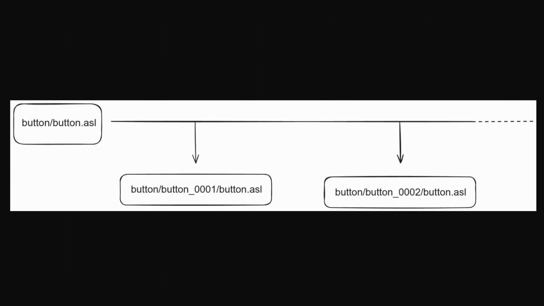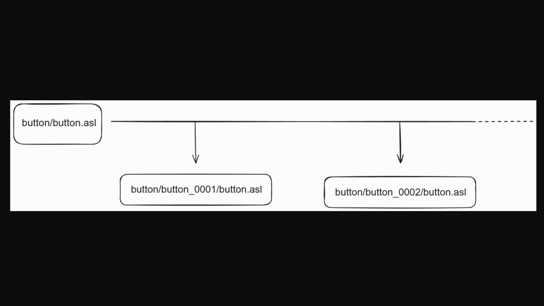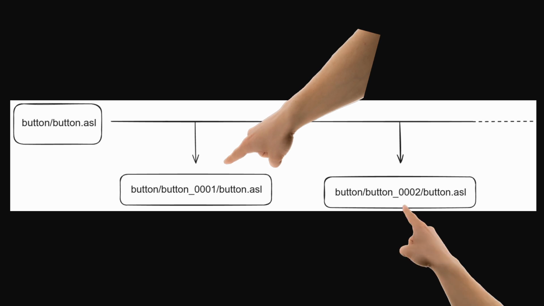Let's see how Arcane would have coded a simple button using their file system and their scripting structure. First of all, what you can see on the left side of this image is the main file, the button folder containing the main button.asl. Next to this main ASL file, you will see folders like button 0001, button 0002, and the numbers seem to go up from 1 to however many.